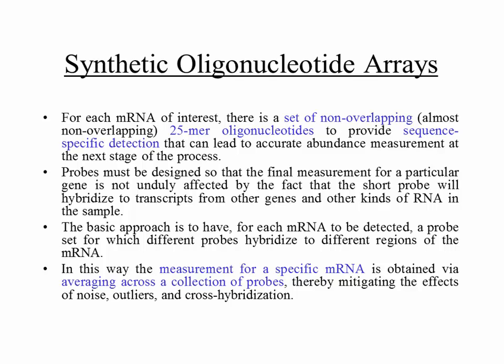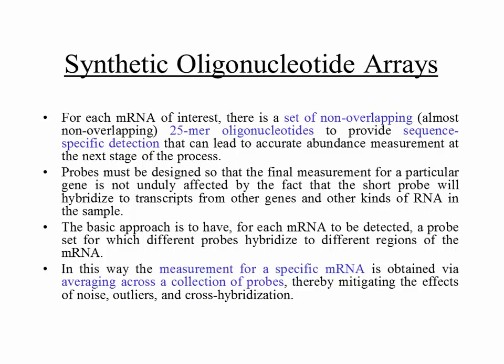So for each mRNA of interest, there is a set of non-overlapping or almost non-overlapping 25 mer oligonucleotides to provide sequence-specific detection that can lead to accurate abundance measurement at the next stage of the process, right? Now, probes must be designed so that the final measurement for a particular gene is not unduly affected by the fact that the short probe is going to hybridize to transcripts from other genes and other kinds of RNA in the sample, right?